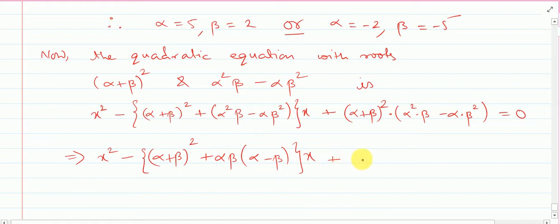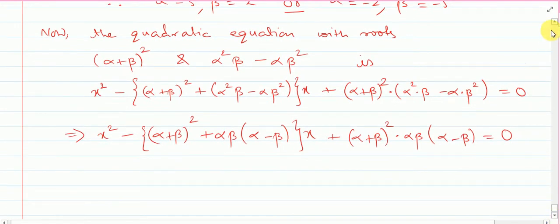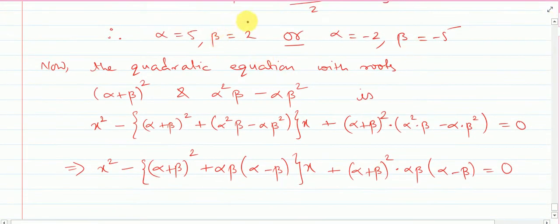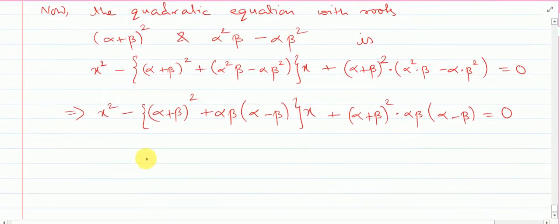And here alpha plus beta whole square, and alpha beta comes out common, you are left with alpha minus beta, is equal to 0. Now what we'll do, either we will put this or this, and we'll get the answer.